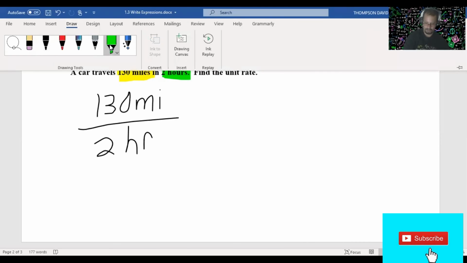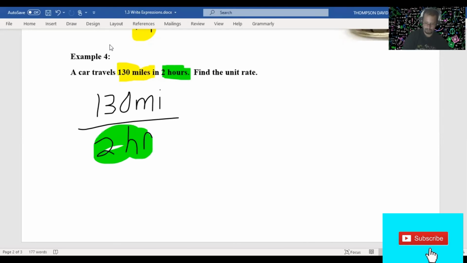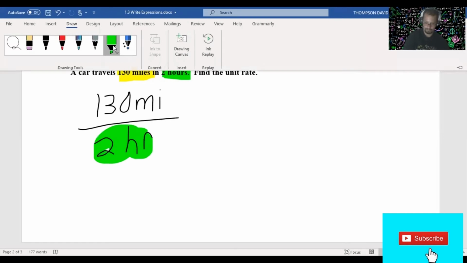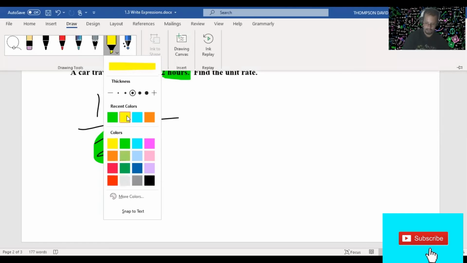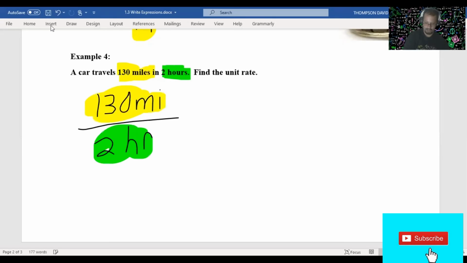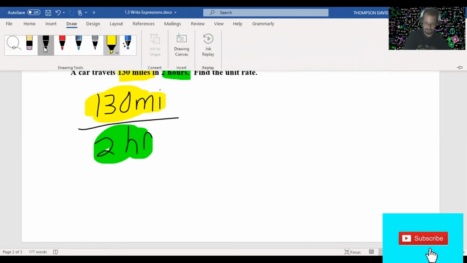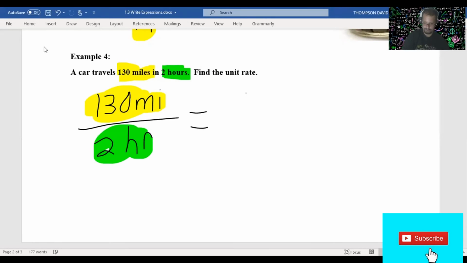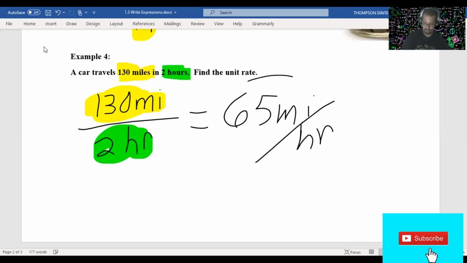Let's use the same color scheme. The 2 hours we'll highlight in green, 130 miles in yellow. We divide. 130 divided by 2 hours would be 65 miles per hour. And we are done.